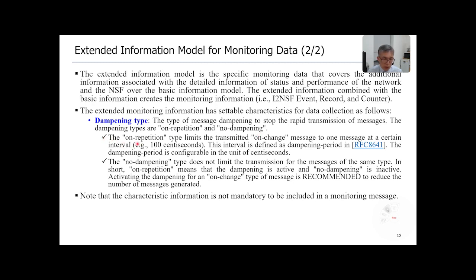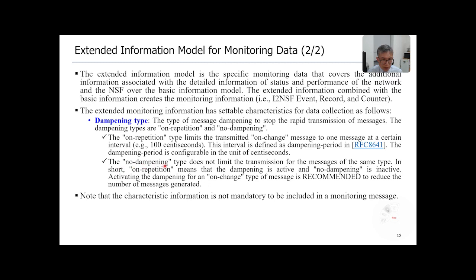The on repetition type limits the transmitted on-change message to one message at a certain interval, for example, 100 centiseconds. This interval is defined as a dampening period in RFC 8641. The dampening period is computable in the unit of centiseconds.